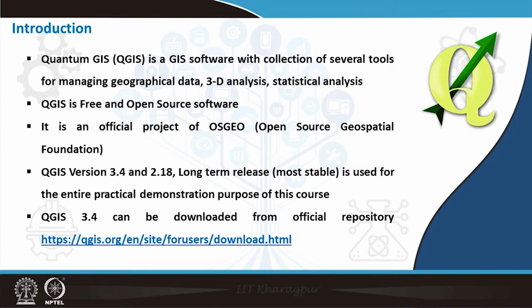QGIS is an official project of OSGeo, that is the Open Source Geospatial Foundation, and the versions which we use in all our practical demonstrations would be 3.4 and 2.18. When you are downloading QGIS, make sure that you download the long-term release or a stable version. QGIS 3.4 can be downloaded from the QGIS website along with its manual.